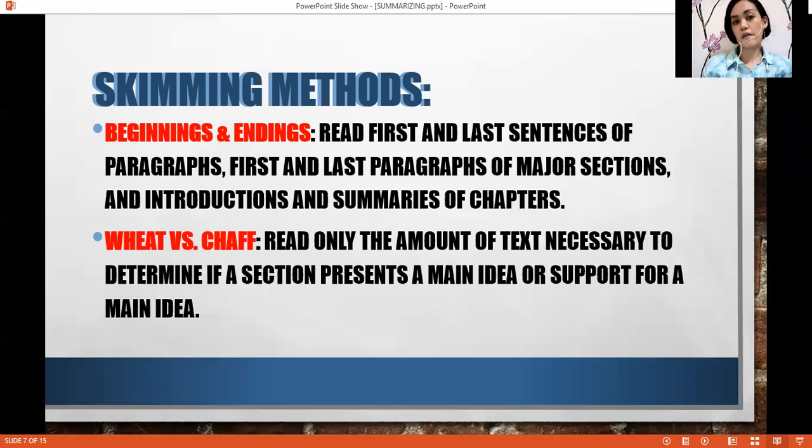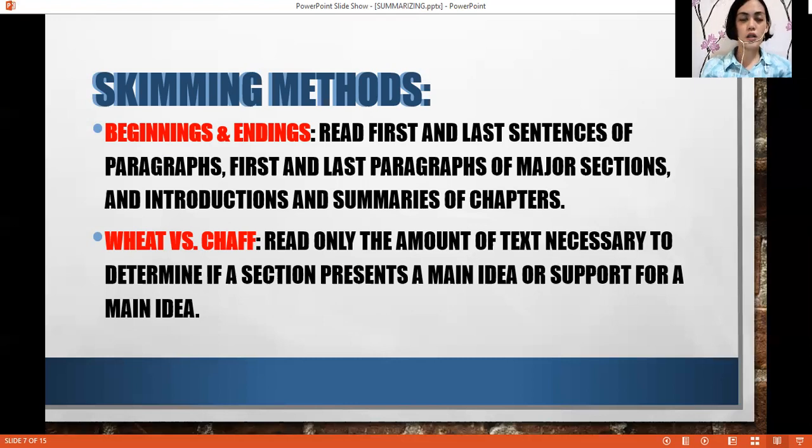Wheat and chaff. In our language, they are the lugas and the humay. No, humay is the palay, and tahop, that is the chaff. Okay, so read only the amount of text necessary to determine if a section presents a main idea or support for a main idea.